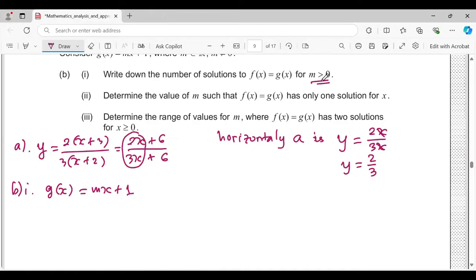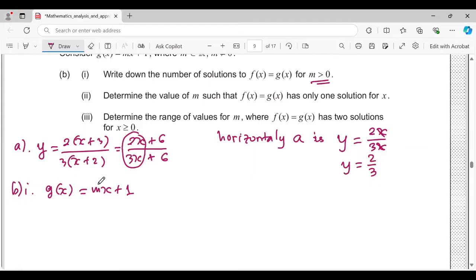If m equals 0, g of x equals 1, which is only a constant number.